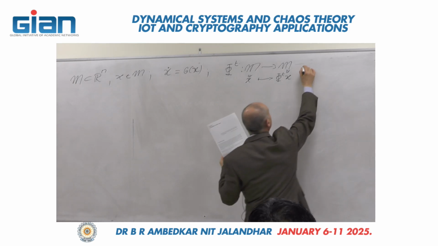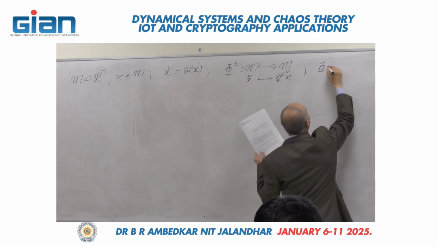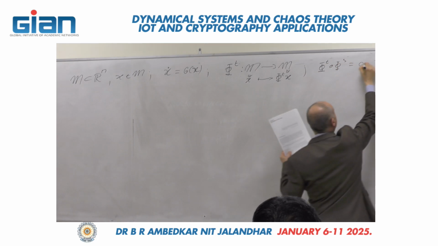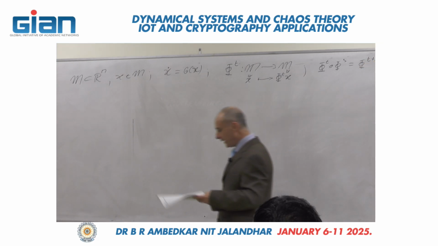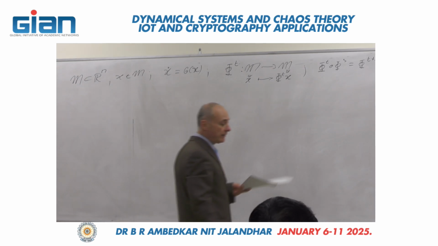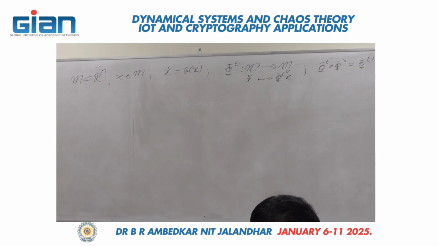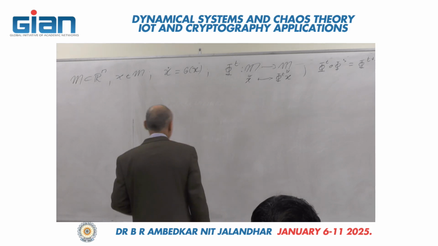I told you often, I mean, always, we want phi t composed with phi s to be equal to phi t plus s. And if t can be positive and negative, then you have a group of diffeomorphisms. And if t and s are only positive, then you have a semi-group.